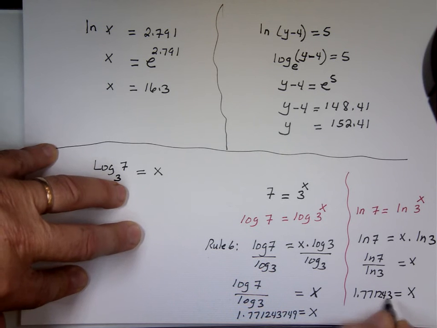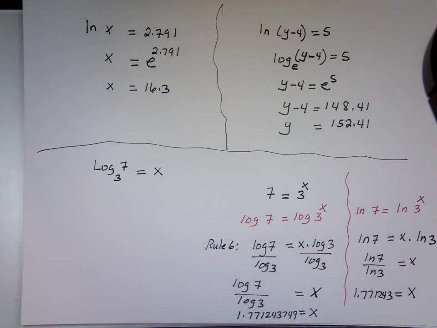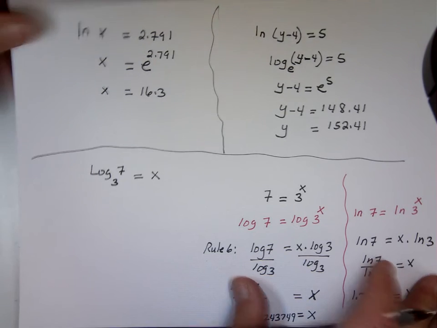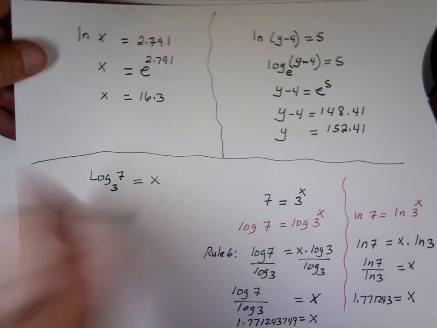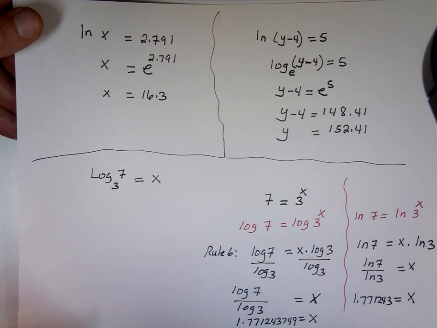I'm just giving up on writing the rest of them. So that's known as the change of base rule. Our book talks about it. It says, you know what? If we give you a different number, because we know we can use log base 10, log base 3. But what happens if you have log base 5? So this is the change of base rule.